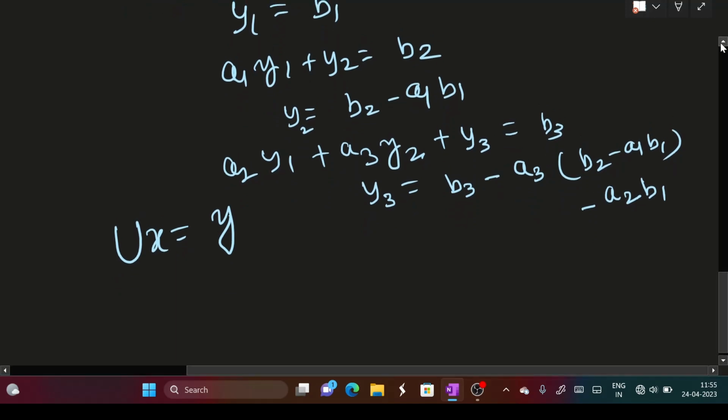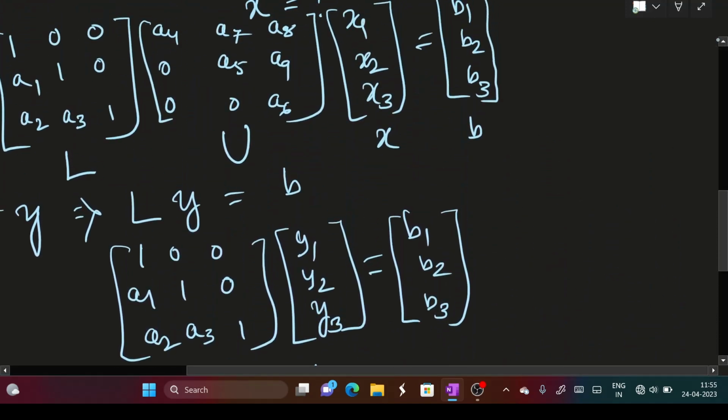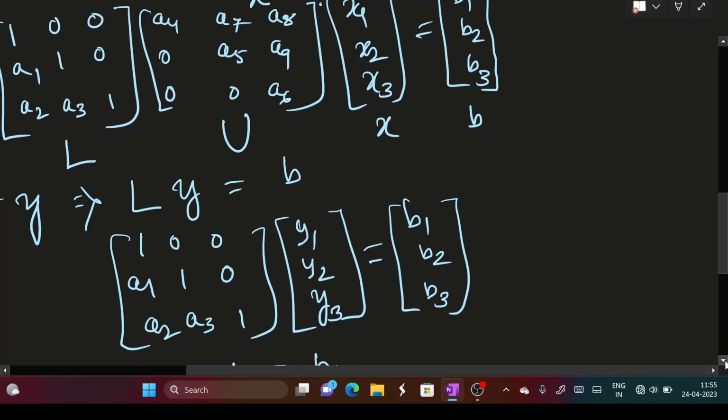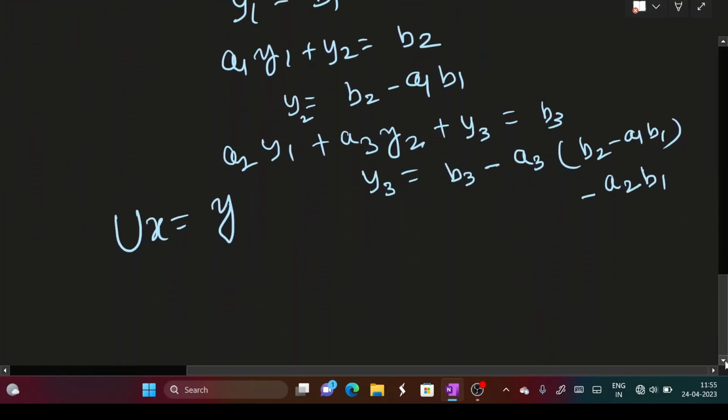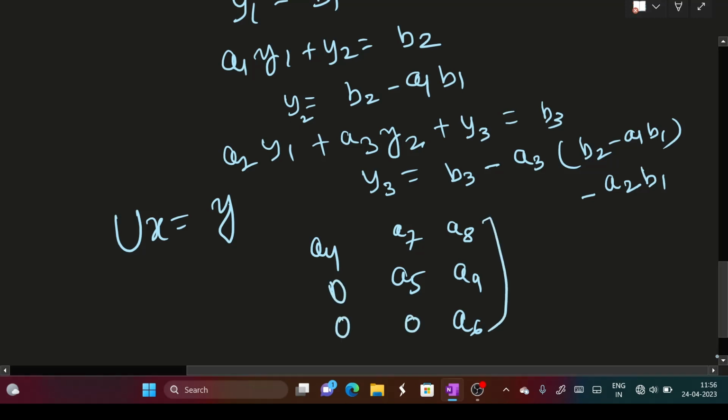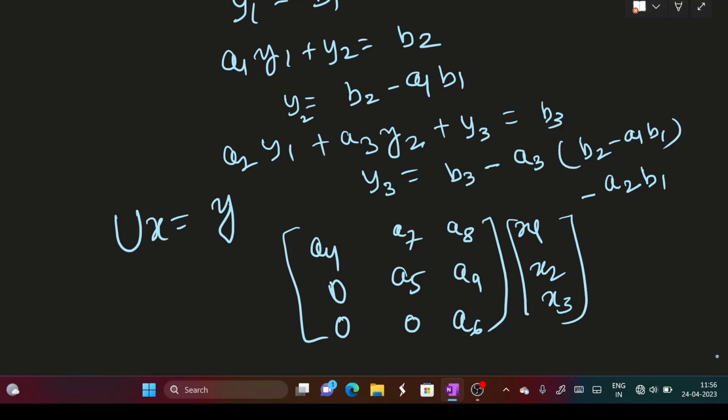What is my U? It is a4, a5, a6, a7, a8, a9, with zeros below, whole into x1, x2, x3, and this is equal to y1, y2, y3.